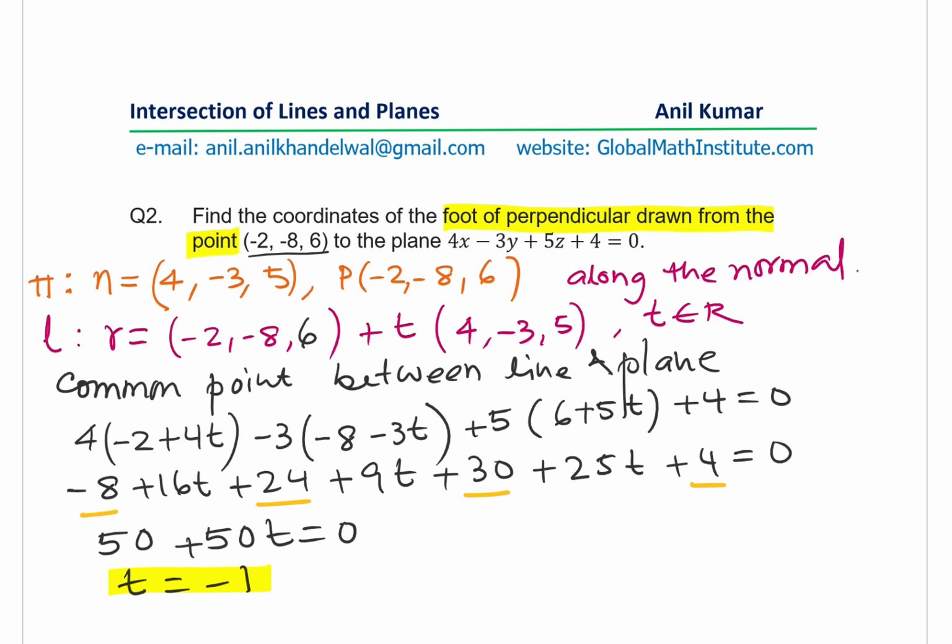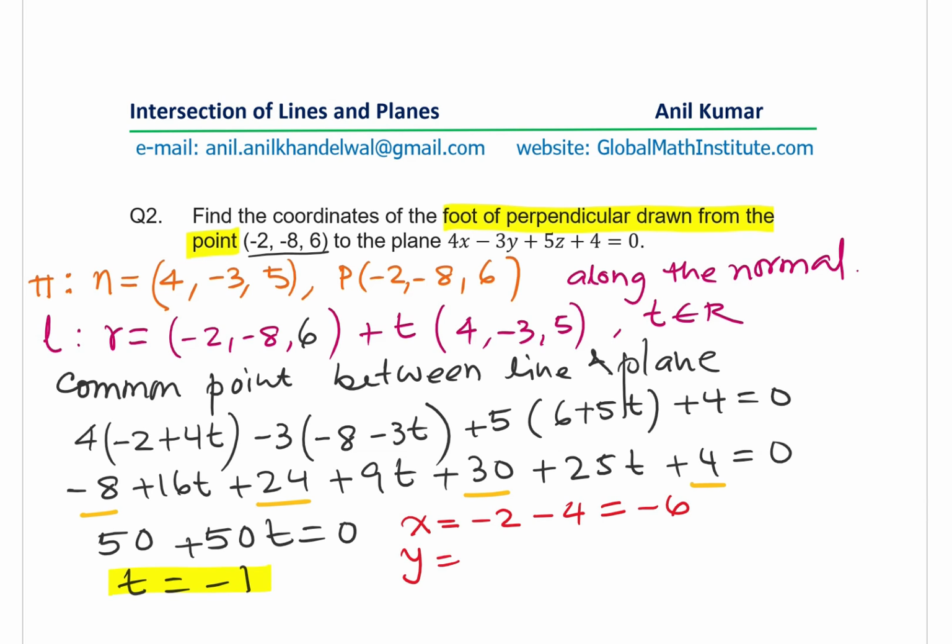Now we'll substitute t as minus 1 and get our point. So let's write down t equals minus 1 and get the point. So x value is equal to minus 2, t is minus 1, right? Minus 2 minus 4, that is the x value, which is minus 6.